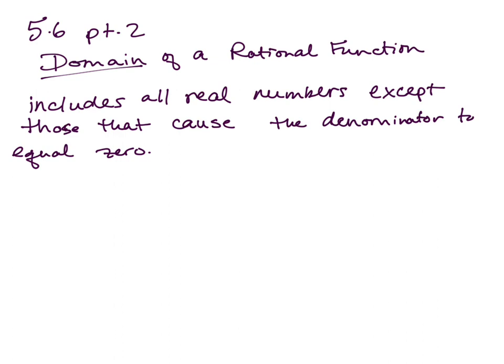Okay, so that holds true, that same rule that we learned all year long. I cannot divide by 0. So if we're finding the domain, we're looking for all of the numbers except those that make the denominator equal 0.